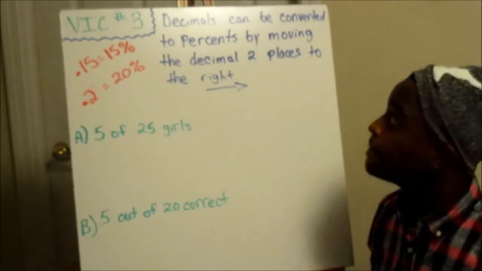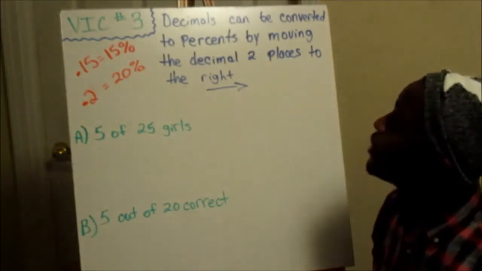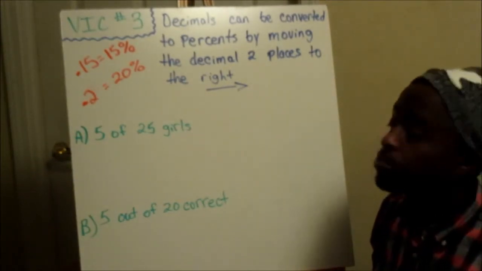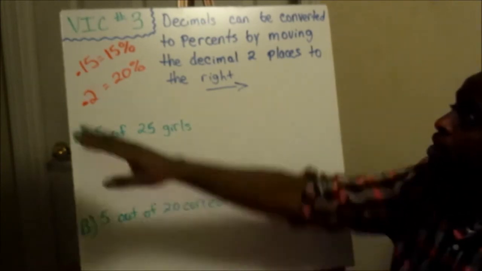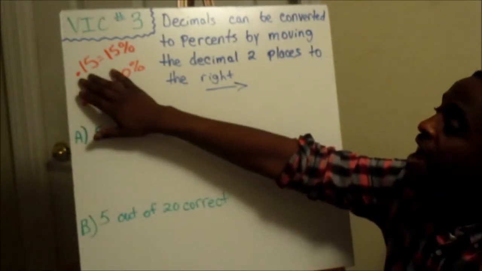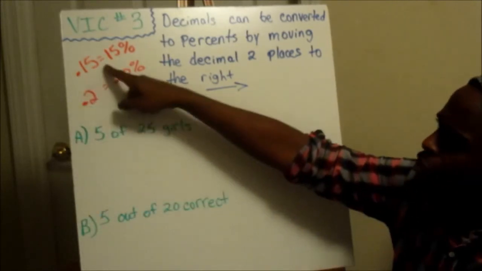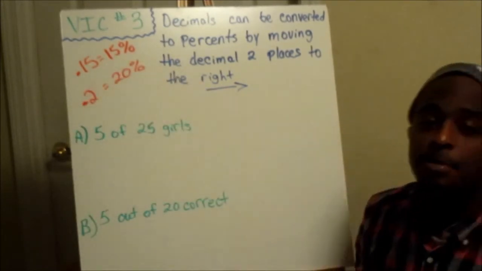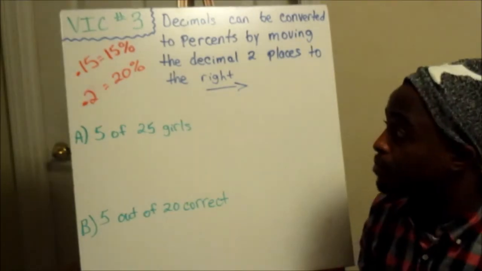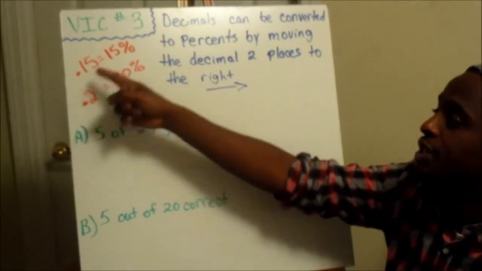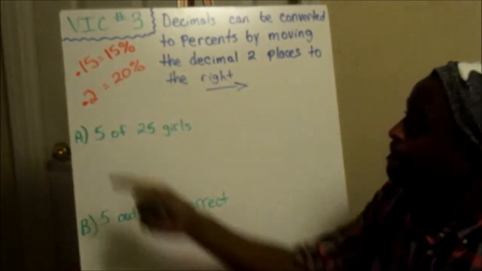Def number 3. Decimals can be converted to percents by moving the decimal 2 places to the right. So looking right here, 15 hundredths, to change it to a percent, I would just move my decimal 2 places to the right and it becomes 15%.